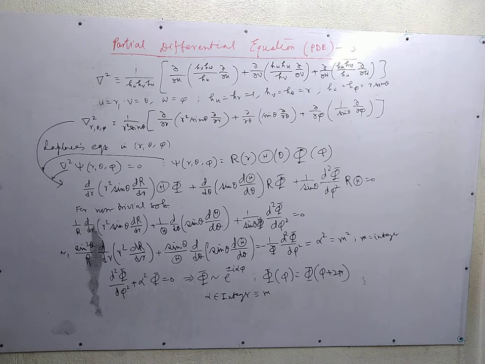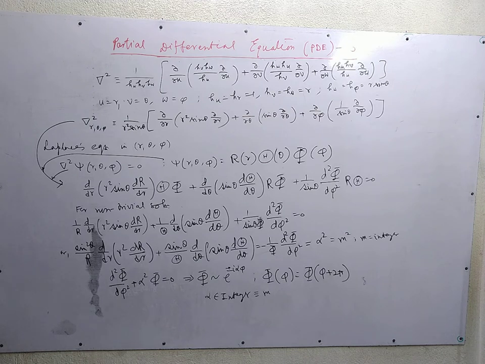This choice matches the solution with the quantum number already introduced in the vector atom model, that is the magnetic quantum number. Later on we will see that m can be identified with the magnetic quantum number of an atomic electron.